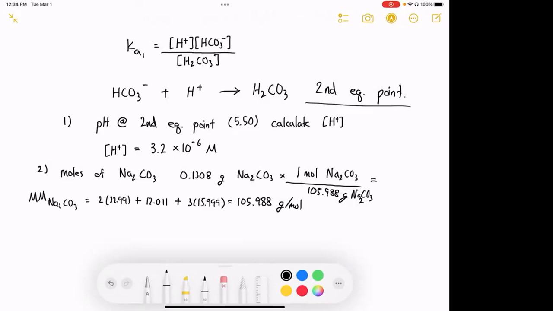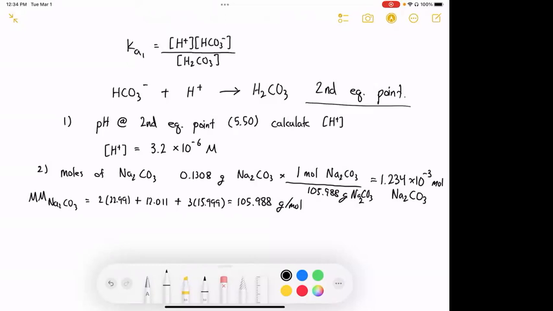We get about 1.234 times 10 to the negative third. 1.234. That's an interesting number. Moles sodium carbonate. Okay, so we found our moles now.